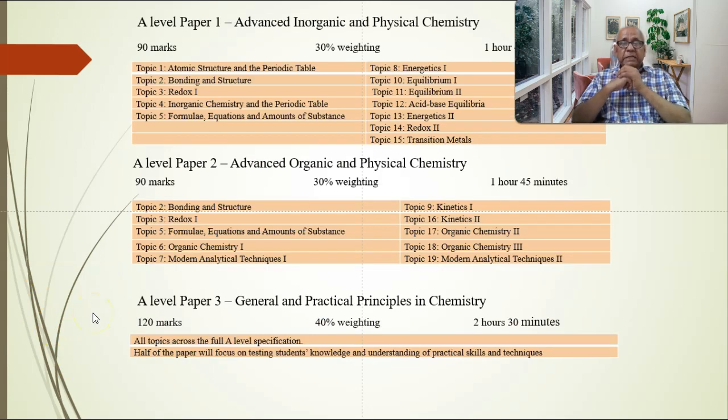I think advanced inorganic and physical chemistry is the A-level paper 1, and A-level paper 2 is advanced organic and physical chemistry, and A-level paper 3 is general and practical principles in chemistry. It is the practical assessment. Almost 50% of the questions are practical oriented. However, the syllabus of A-level is followed here.